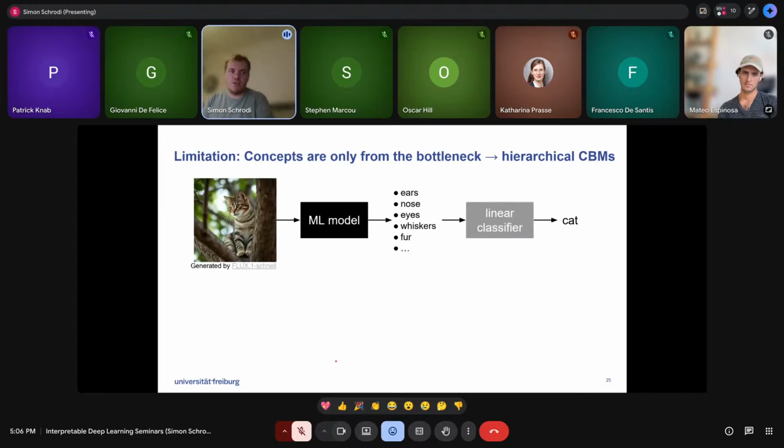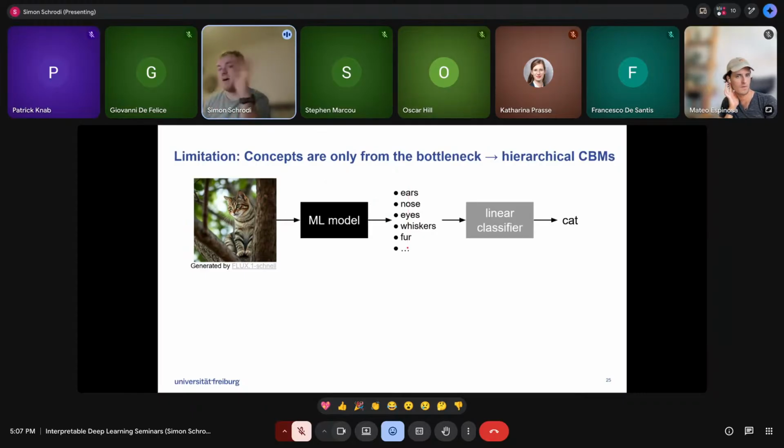The other limitation worth mentioning is that somehow we shifted part of the problem here. This is a broader point: we shifted the non-interpretability part from the class label to the concept, because there's still this very non-interpretable part where we just predict these concepts.